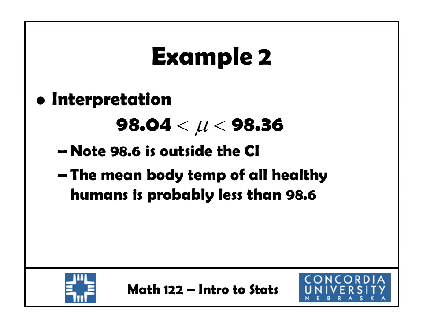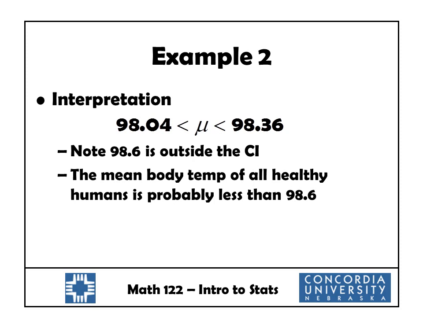Okay. Now, we would interpret this confidence interval in the same way as what we did in the last section in the first example. We would say we are 99% confident that the mean body temperature of all healthy humans is between 98.04 and 98.36.